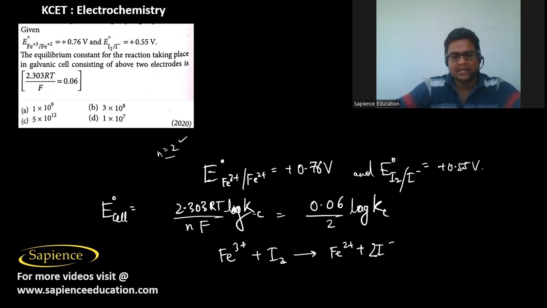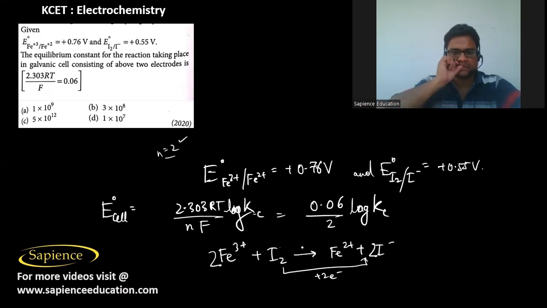Sorry, 2 I minus will go to I2. It will be 2 Fe2 plus.